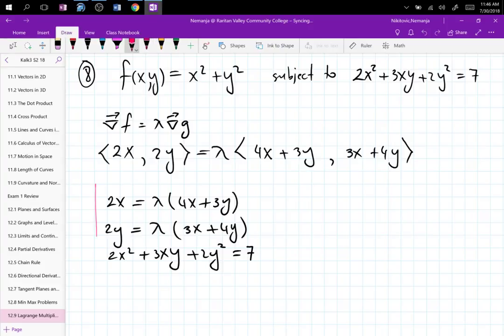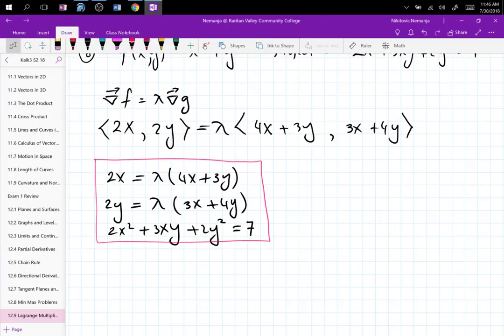I'm going to box these equations because this is important to get there. And now we're supposed to solve this. Now, the best trick of all time for these nonlinear equations is if you have symmetry, x equals y.